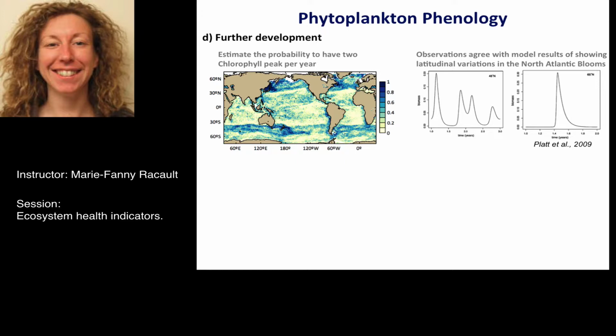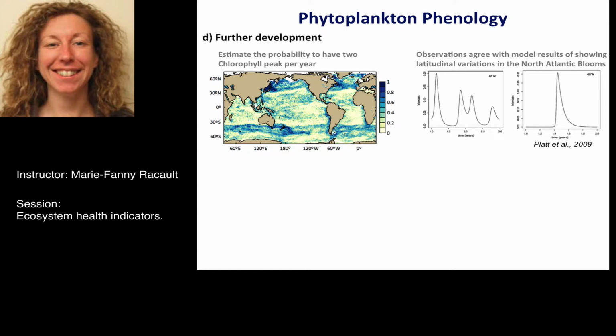What we get is the timing of chlorophyll peak during 2 periods. Here is June, July, August, September, October, November, and a peak timing during December, January, February, March, April, May.